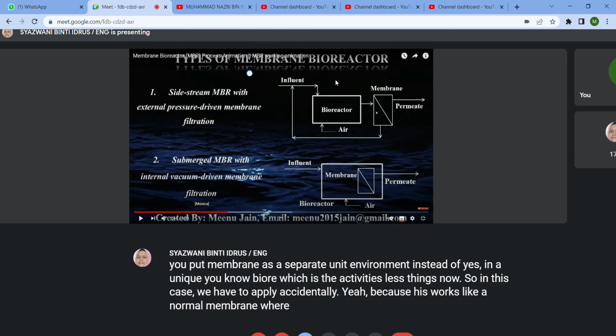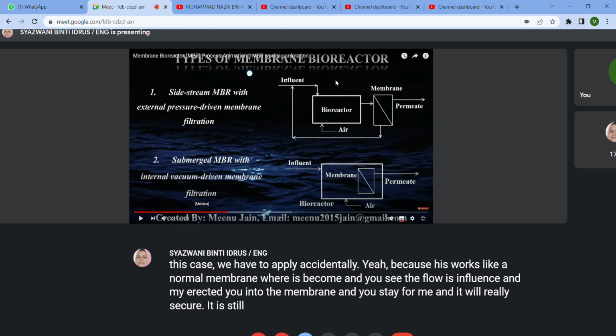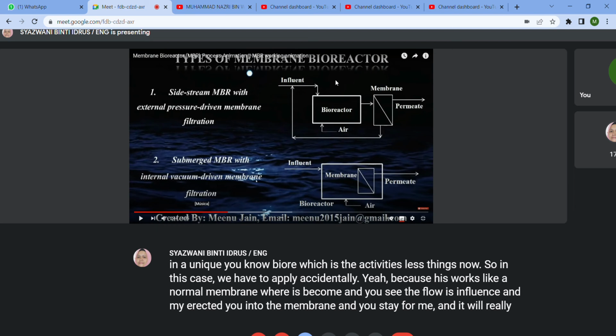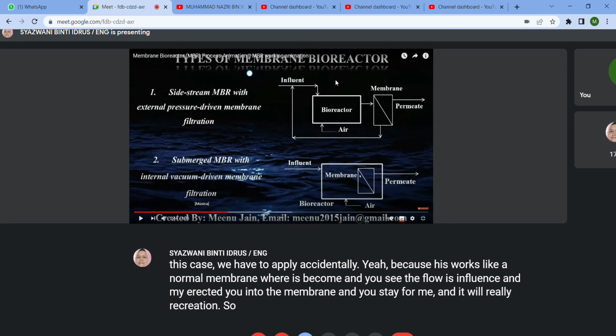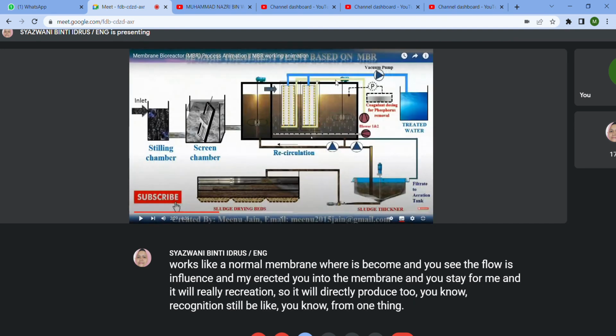You see here the flow is influent and bioreactor inflow into the membrane and it will produce the permeate, and it will recirculate as the influent again, as compared to the submerged system with internal vacuum driven membrane filtration, so it will directly produce the permeate. However, recirculation is still applied, from one tank to the pre-aeration unit.